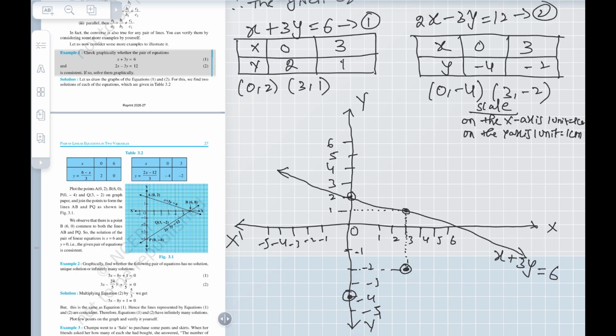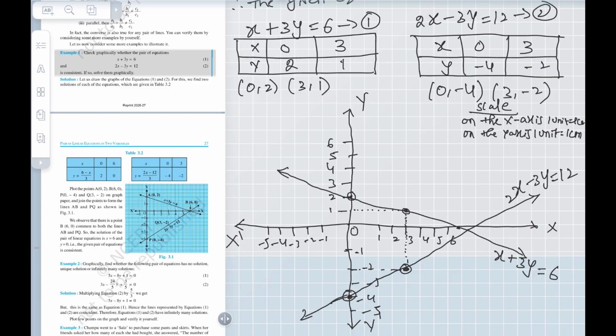So take a big scale and draw the line nicely to intersect these 2 points. Okay, I hope these two, this is not the exact graph, I think they will intersect here somewhere. So this is the second line. You have to write the second equation, 2x minus 3y equals 12.